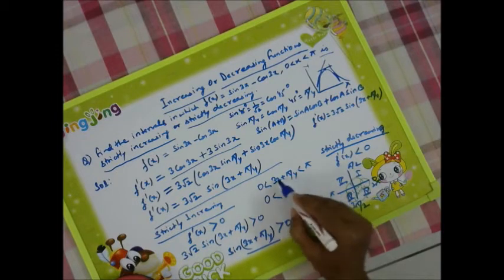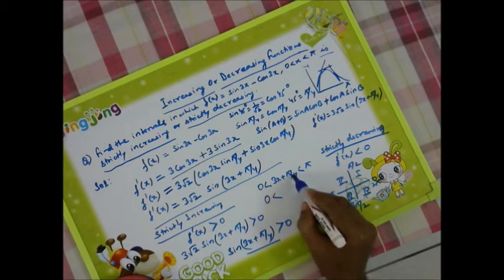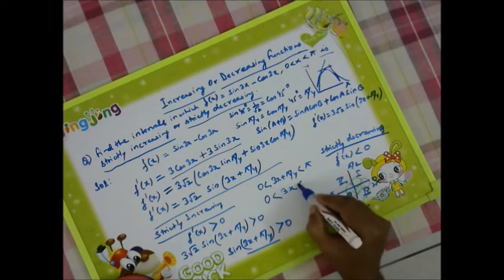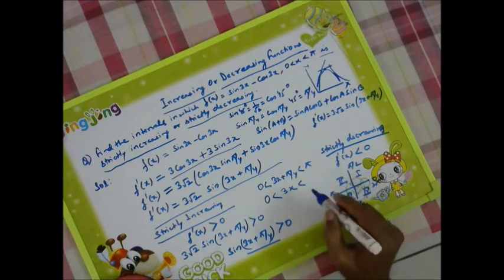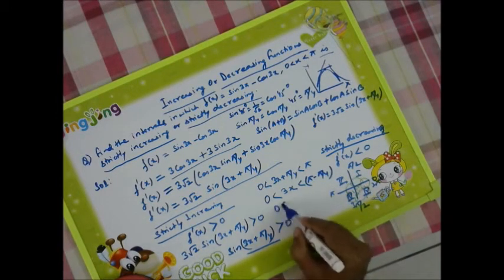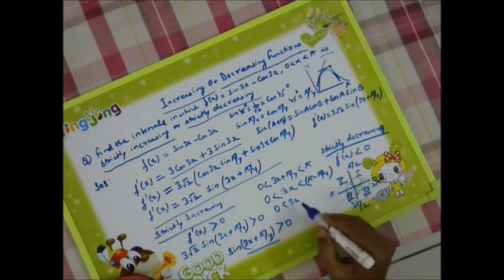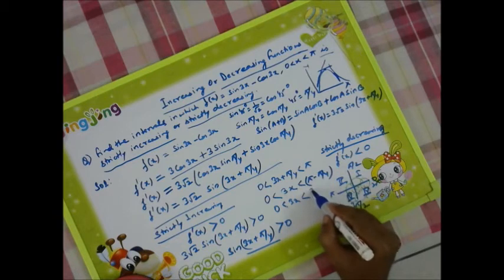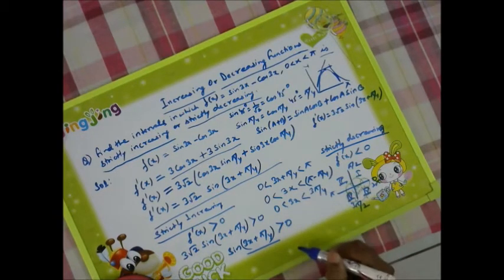And subtracting pi by 4 from 3x plus pi by 4, we get 3x. Subtracting pi by 4 from pi, we get 3 pi by 4. So 3x is between 0 and 3 pi by 4.